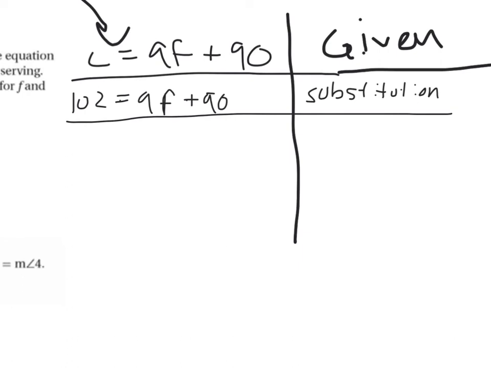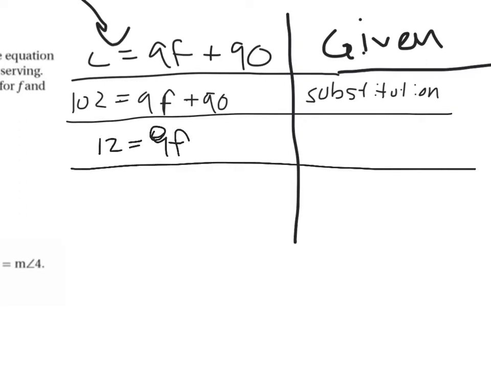Now in order to solve for F, we need to subtract 90 from both sides. So then we get 12 is equal to 9F. And we use subtraction. So the subtraction property of equality.